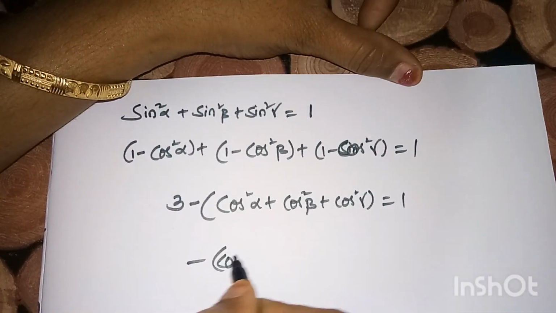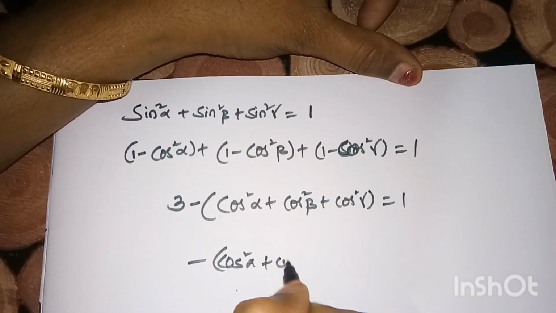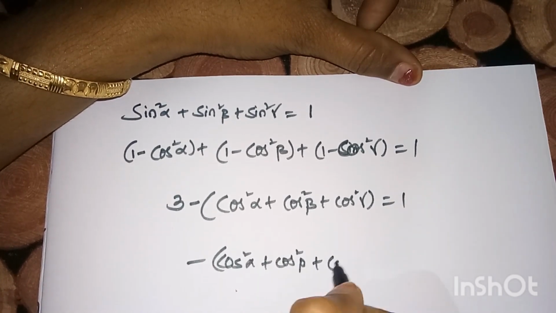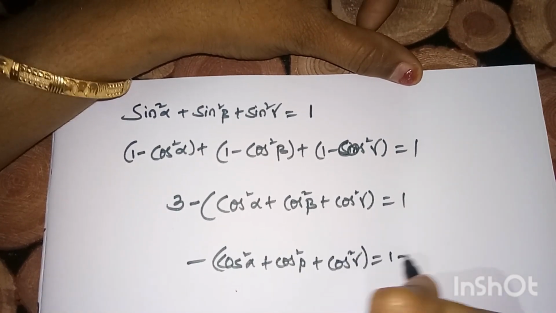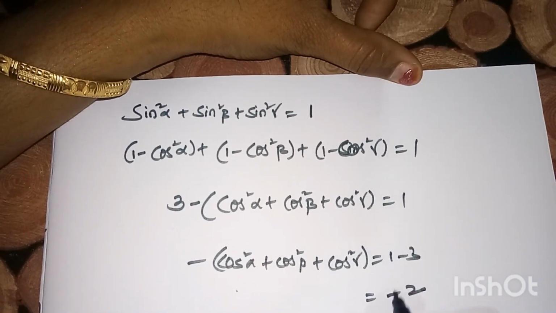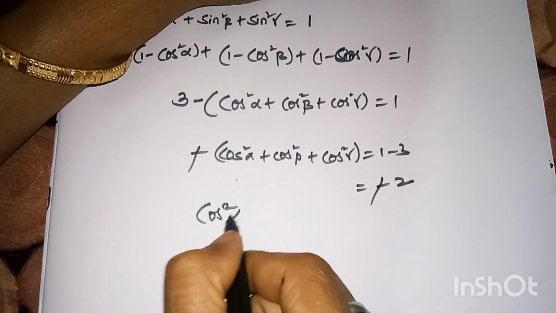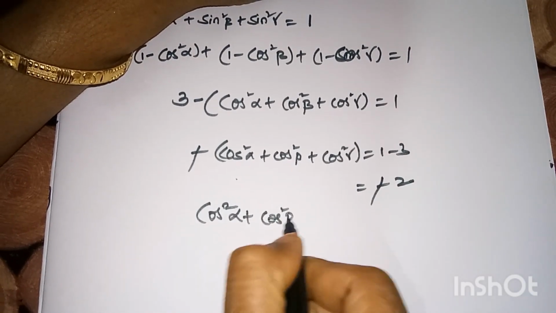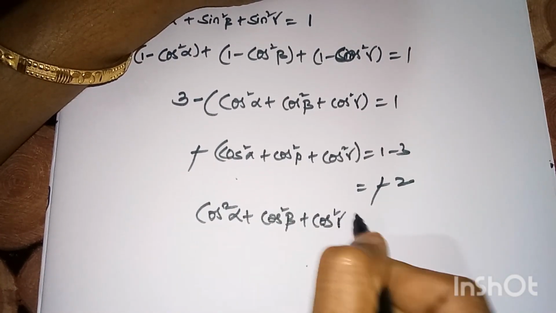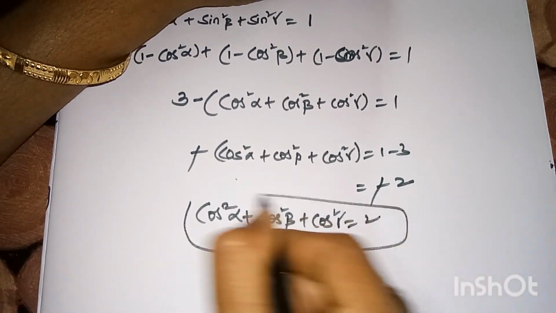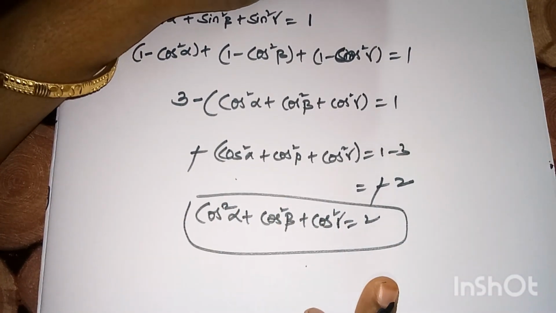Send it to the right hand side. Cos square alpha plus cos square beta plus cos square gamma is equal to 1 minus 3, that is minus 2. Minus minus will be cancelled. Cos square alpha plus cos square beta plus cos square gamma is equal to 2. So in this way you have to calculate.